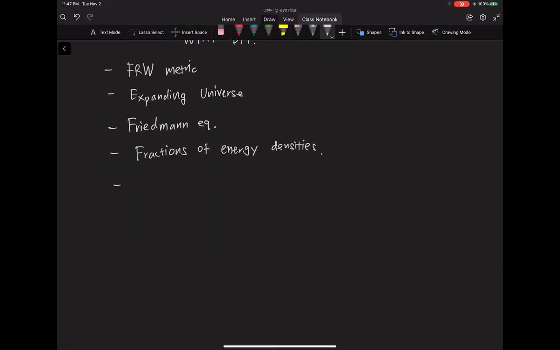Then we are going to discuss equilibrium thermodynamics, and then we are going to discuss the Liouville equation that is describing the system with many particles. So we are going to discuss standard model particles and dark matter particles in the thermal plasma.